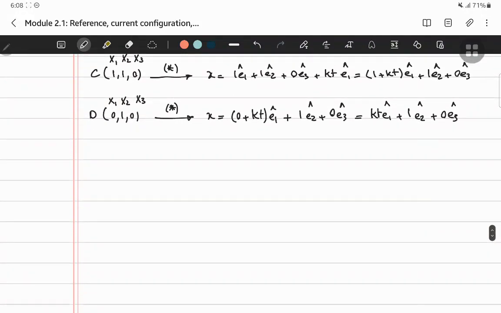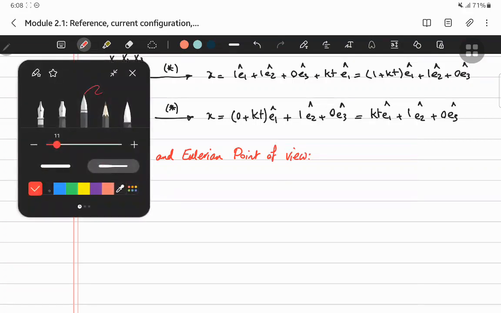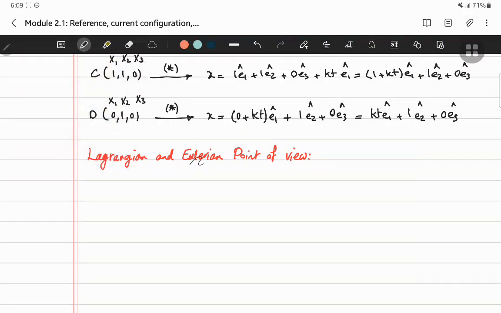So next we have the Eulerian and Lagrangian point of view. You may have heard of Eulerian point of view in fluid mechanics, but let's elaborate on these two terms here.